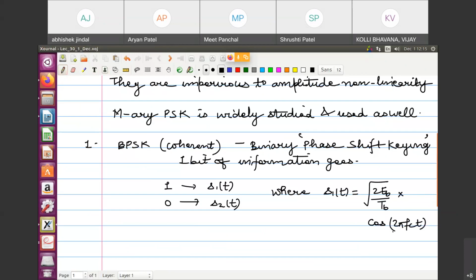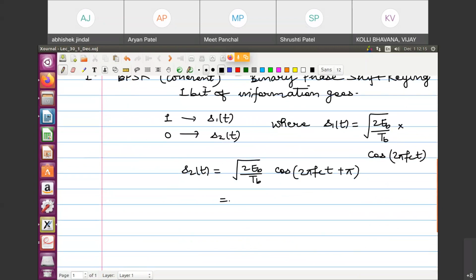And S2(t) is what? See, we have only two possible phase shifts, so the amplitude of the waveform will remain the same. You will ask why we have chosen this as the amplitude, so we will get to know this. Into cos of 2 pi FCT, suppose we choose another phase. So here the phase was 0, here the phase is pi, suppose. This is equal to minus root of 2EB by TB cos of 2 pi FCT.